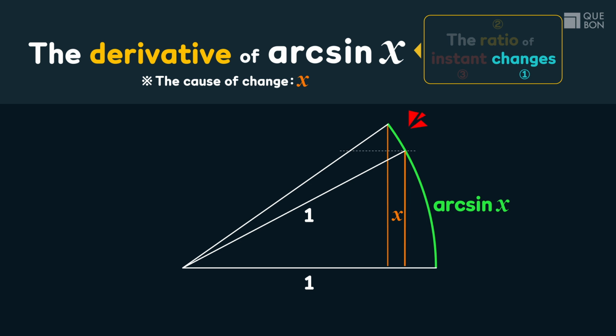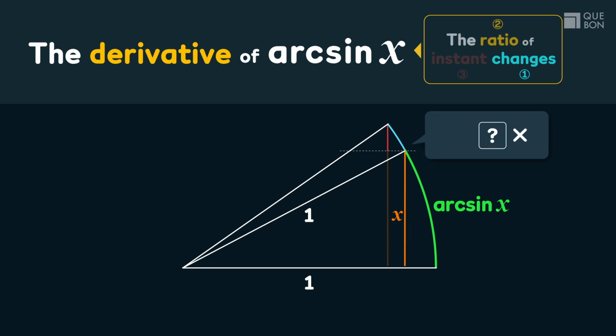So let's zoom in to see it clearly. The change in the arc, mark it in blue. The change in x, mark it in red. So, how many times bigger is blue than red? That's what a derivative means. Now, let's find out how many times it really is.